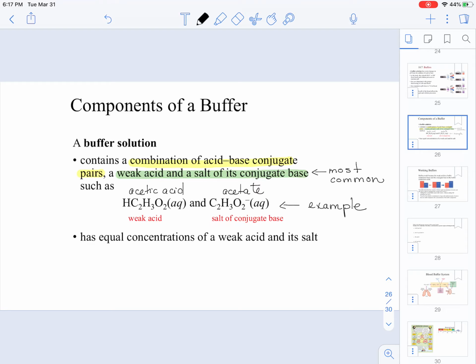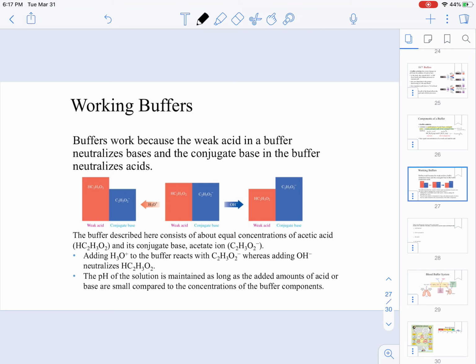So let's explore now how buffers actually work, using the same system of acetic acid and its conjugate base. When we have the buffer in the solution, we have equal concentrations of the weak acid and the conjugate base. Let's first explore what happens to the system if we add acid.